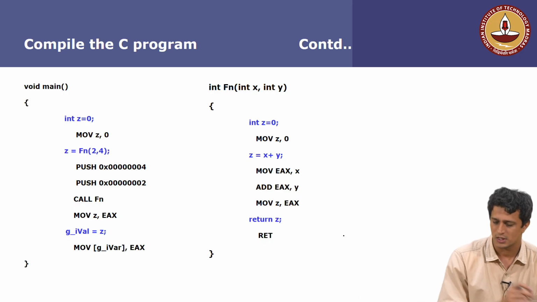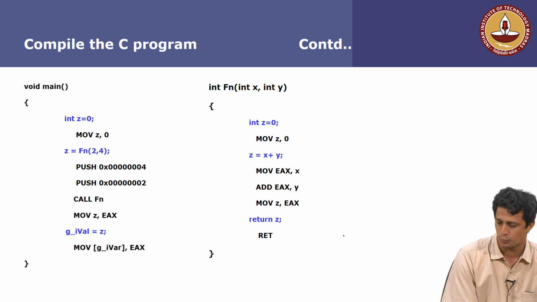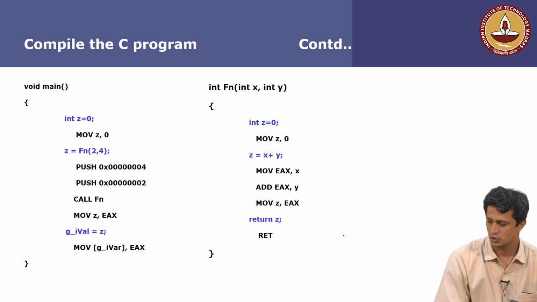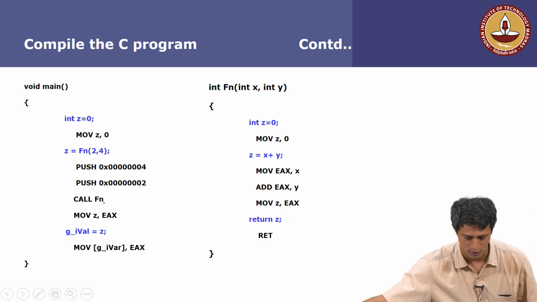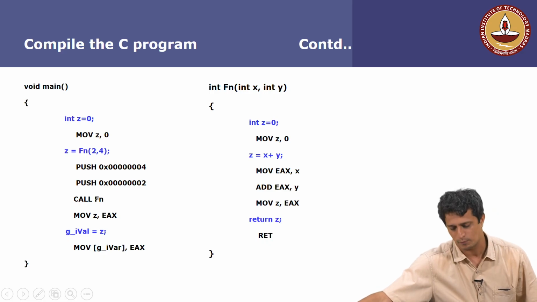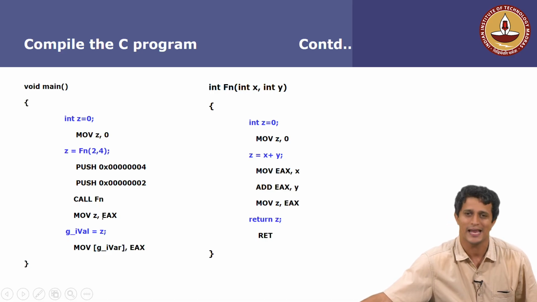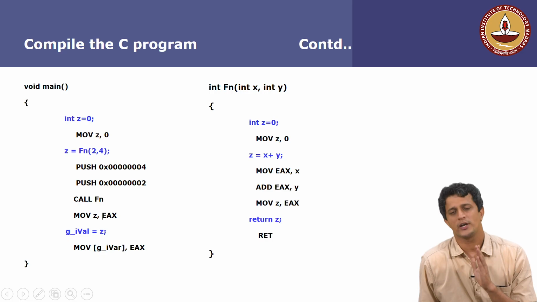So, this is what we had discussed. The int z equal to 0 becomes move z comma 0, int function of 2 comma 4 gets translated as push 4, push 2 and then call fn, right. So, the address fn is whatever the function address is at linking time, that will get plugged in here, right. After we return the return value, let us assume it is going to be in EAX. So, that brings us to an interesting point.